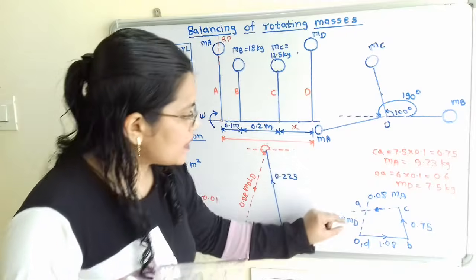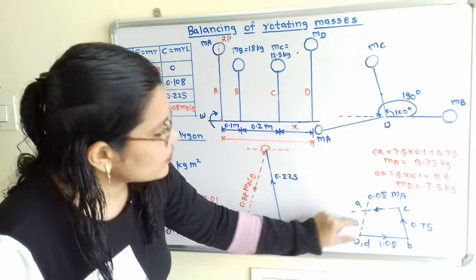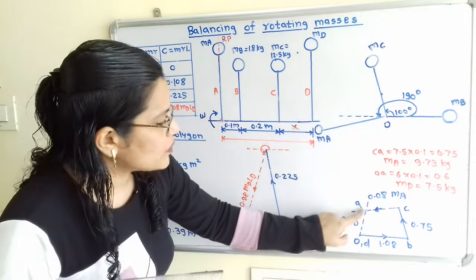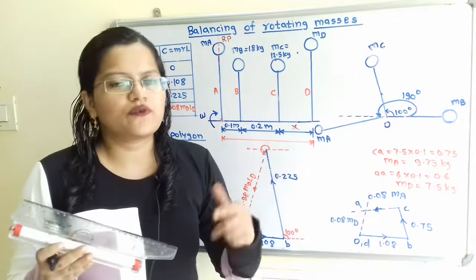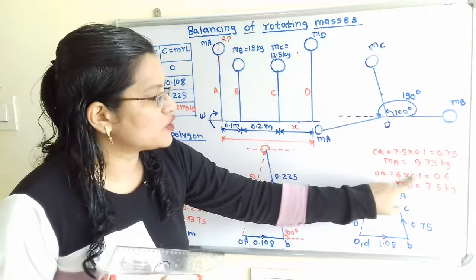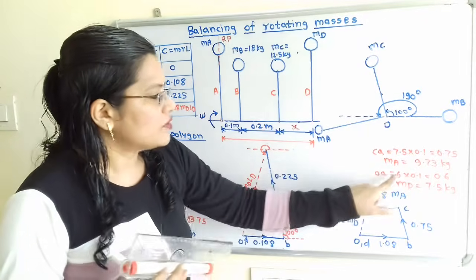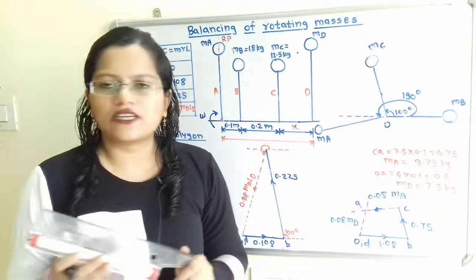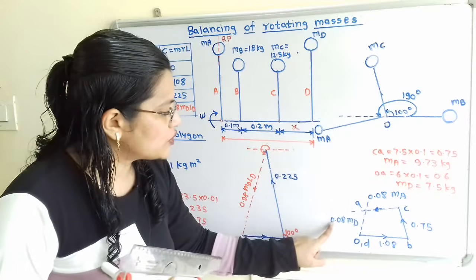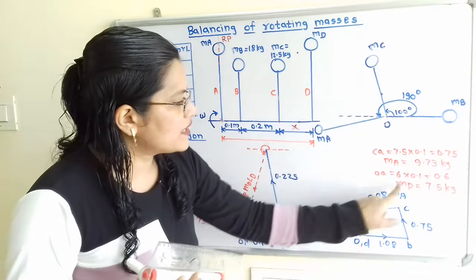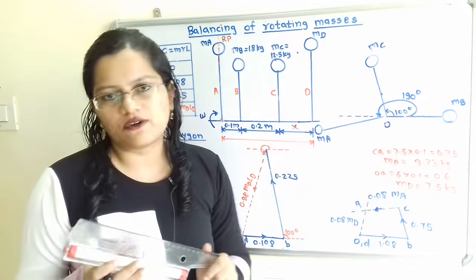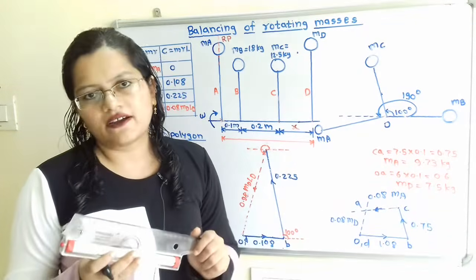Then we will move to the next, that is distance O to A, or we can say D to A. So this distance DA is equal to 6 centimeters. So we have to multiply with scale, that is 0.1 kilogram meter. So answer is 0.6 kilogram meter and which is equal to 0.08 MD. So MD, that is the mass of D, is equal to 7.5 kilogram. So this is the second answer.